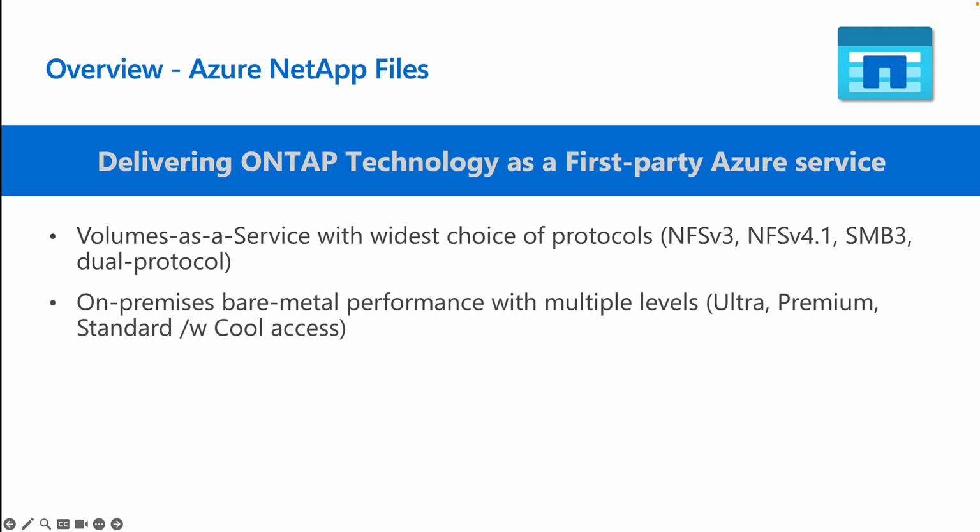It brings on-premises bare metal performance that's delivered using 3 service levels, standard, premium, and ultra. And indeed, this year, Microsoft introduced an additional capability of cool access tiering, the ability to tier cold data out of the Azure NetApp Files volumes and into cool access storage.